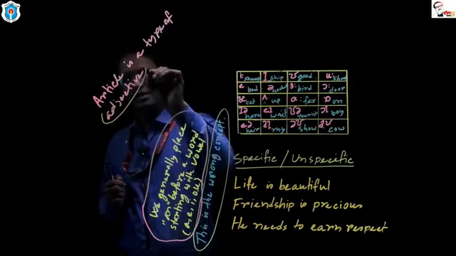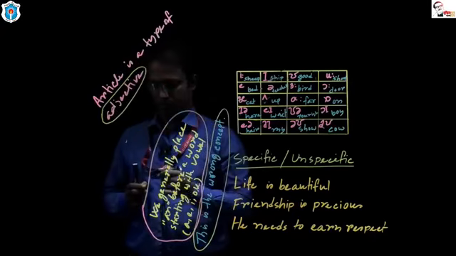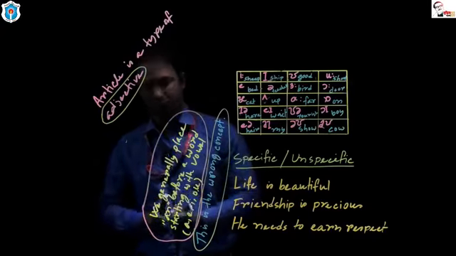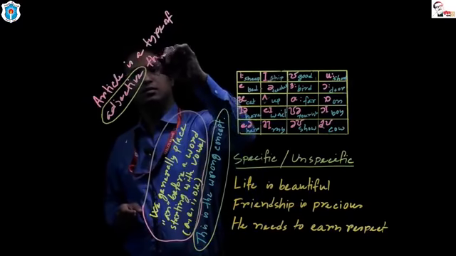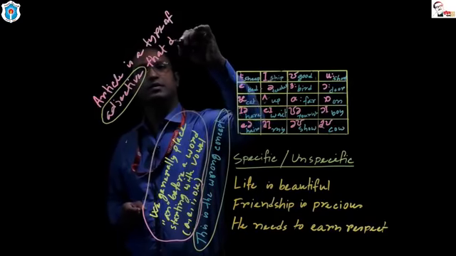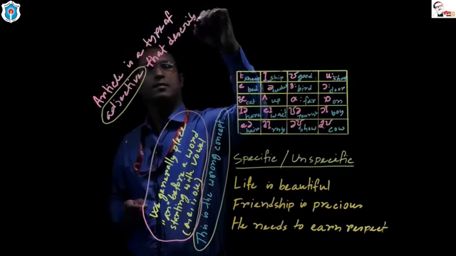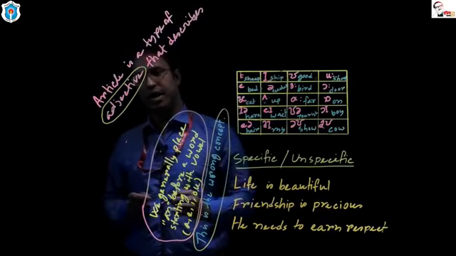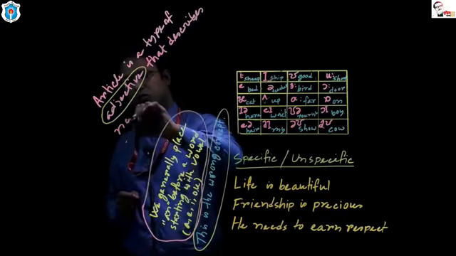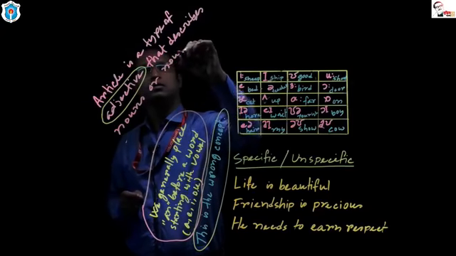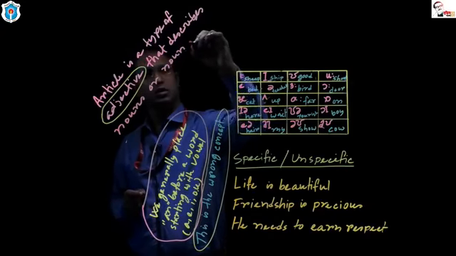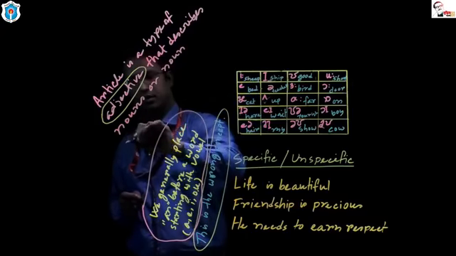Article is an adjective. So article is a type of adjective that describes nouns or noun equivalents.